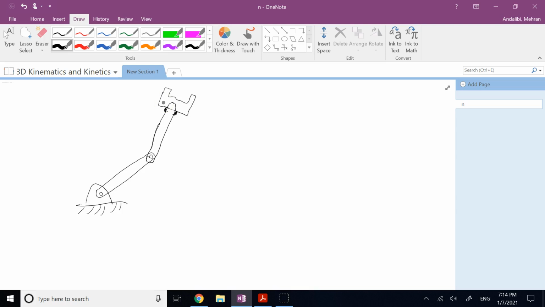Okay, so now, if you consider an inertial frame here that is not moving, not rotating, and call that frame XY, so this is the inertial frame, the primary frame, if you have an encoder at this joint which measures the rotation of link 1, well, what angle does it measure?